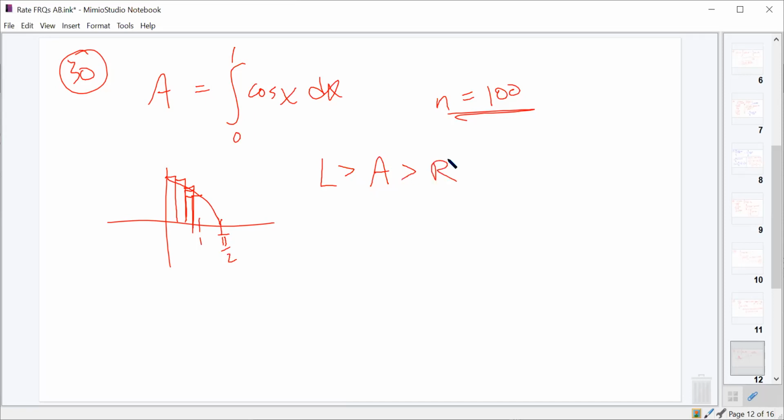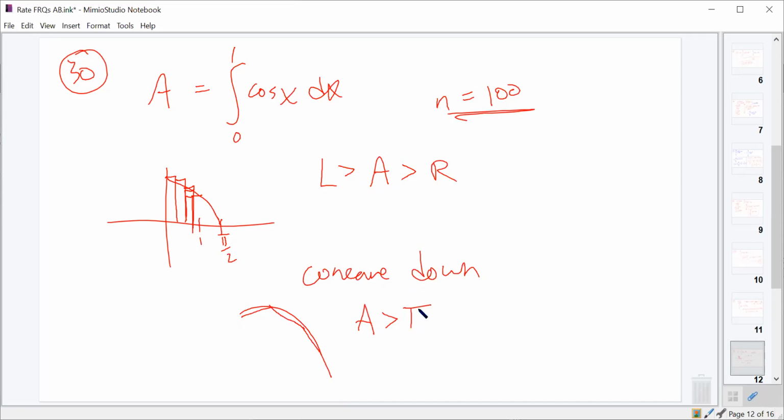And then the trapezoidal approximation, since this is concave down on this interval, anytime we have a concave down function, trapezoidal approximations will be underestimates. So the area has to be greater than T as well.